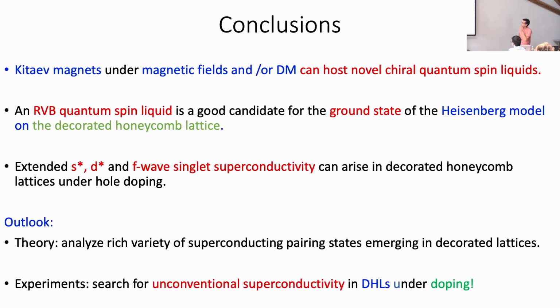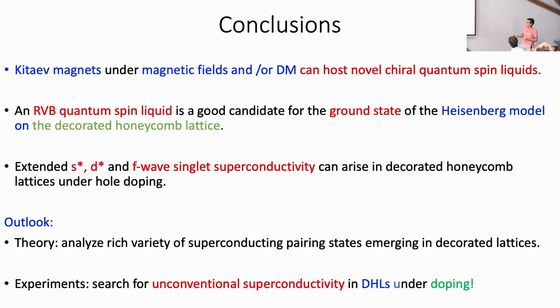And so this brings me to the conclusions. The main conclusions are that Kitaev magnets in magnetic fields, or with the DM interaction, can really lead to some novel chiral quantum spin liquid, as I showed.